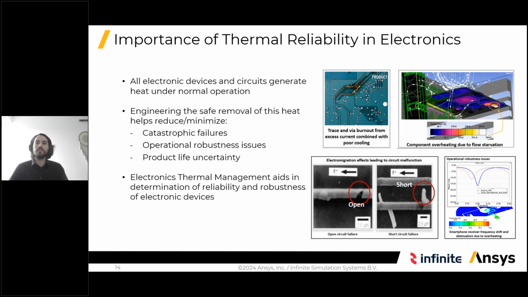This leads to both shorts and opens in the circuitry. Heat can also cause a lot of mechanical failures. A lot of material properties will change with excessive heat, thus worsening the operational robustness or the efficiency of the product itself. In some scenarios, we can even have catastrophic failures, with vias and traces burning out on PCBs or different components burning or reaching very high heat.